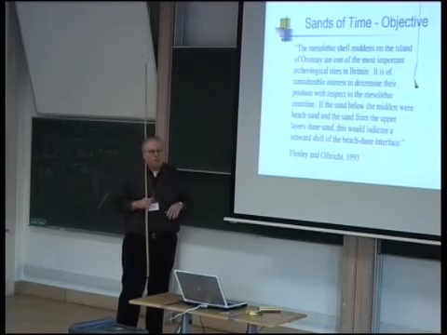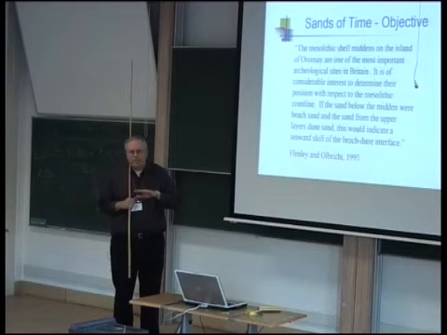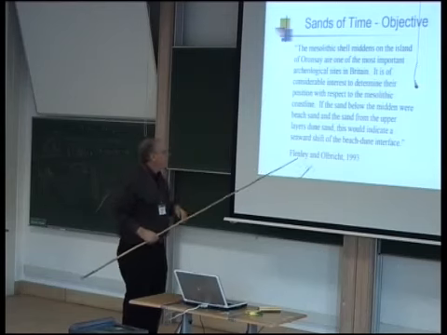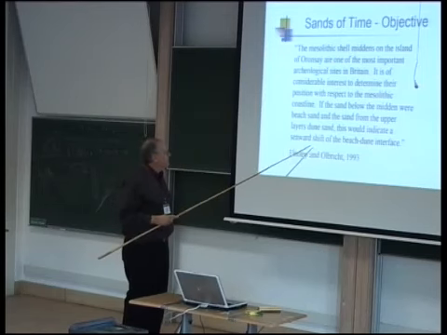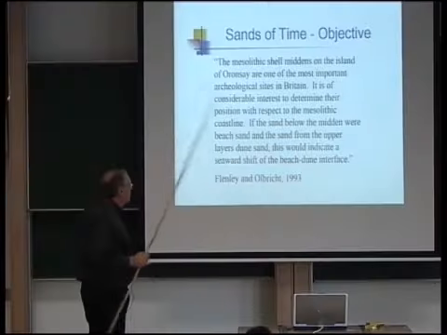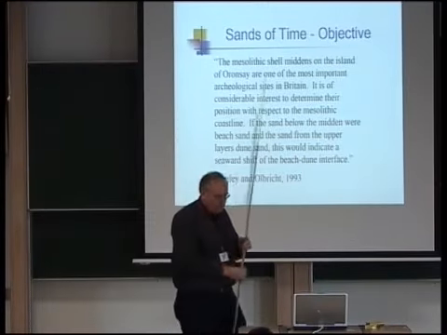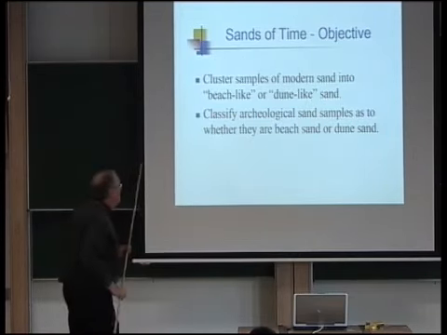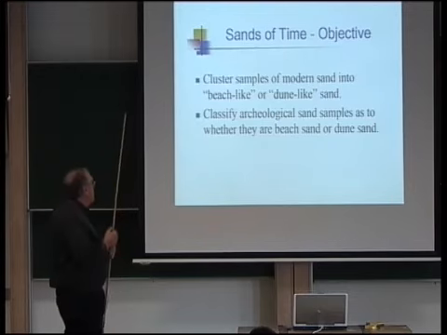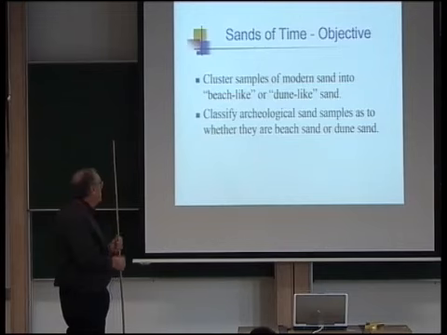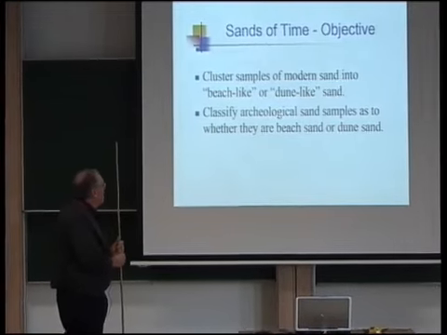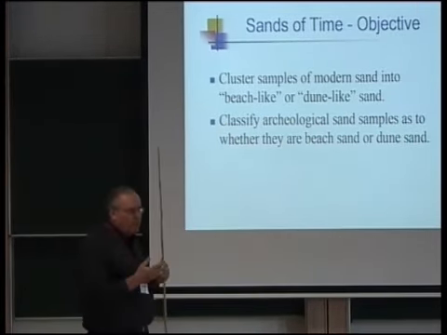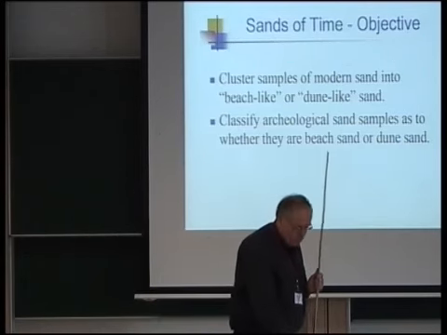Now these middens are on the beach, so it would indicate a shift in the coastline over the years, a seaward shift of the beach-dune interface. So we'd like to cluster the samples of modern sand into beach-like sand and dune-like sand, and classify the archaeological sand samples as to whether they were beach or dune sand. Then we could verify the hypothesis that there was a shift.